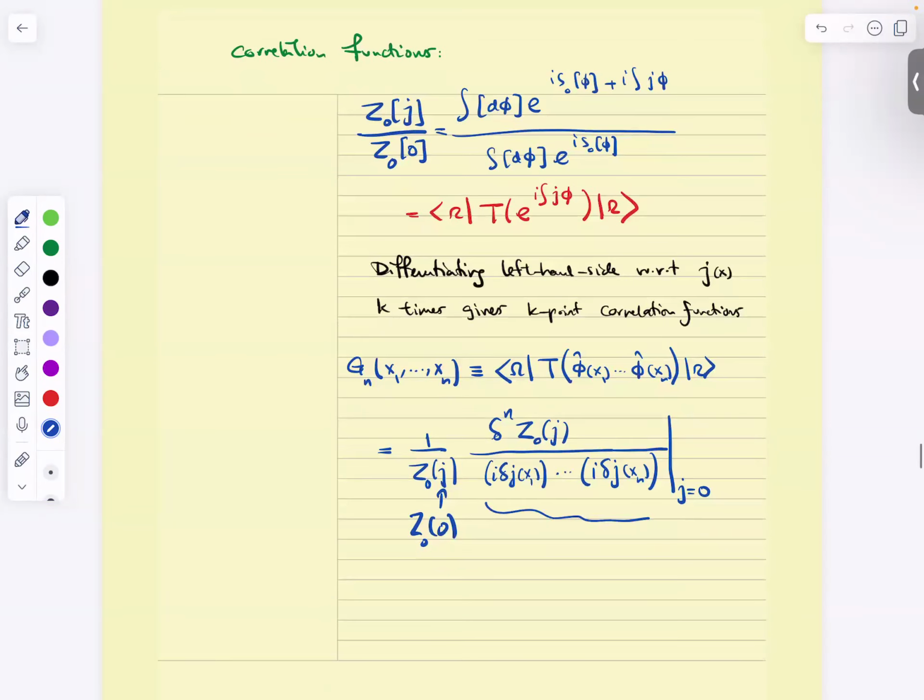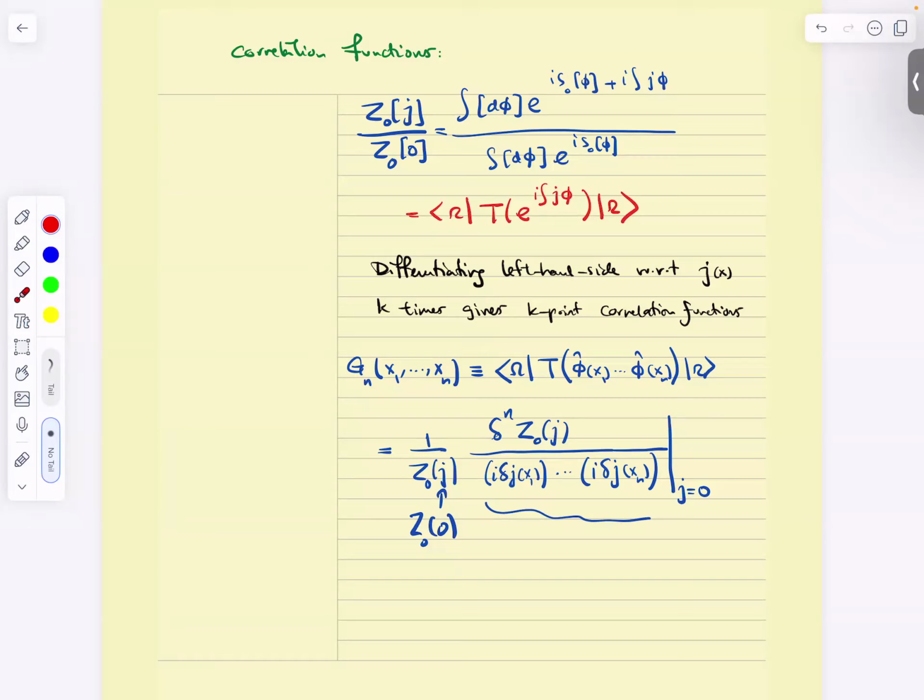Because what does this calculate for you? Yeah, so I need to divide by this guy. This will bring down a bunch of phi's, time ordered. Yes, that is correct, this is Z0.